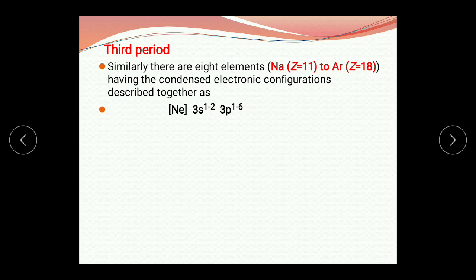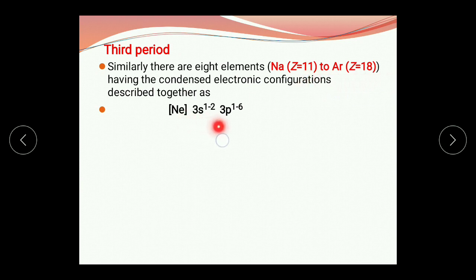There is one more principle which tells us that shells and subshells are filled according to the energy they have. 4s has less energy than 3d, and hence after 3s, 3p is filled, then 4s is filled, and then 3d is filled. Hence, in the third period, if you observe in a periodic table, 3s and 3p are there. That means again there are 8 elements, up to 3p6. That means neon up to atomic number 10, and the third period from 11 to 18.